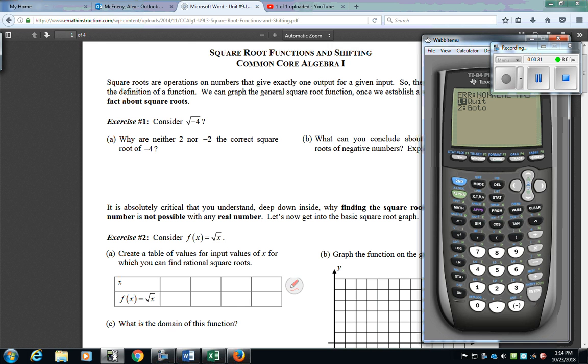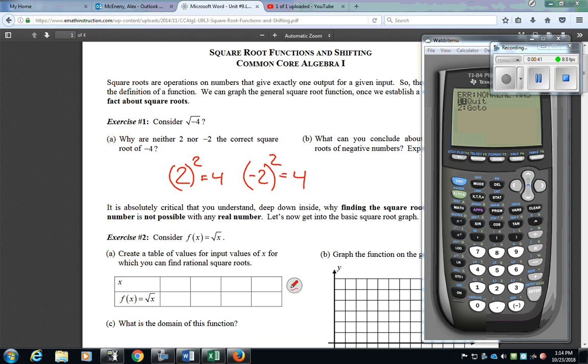That's the reason why this is true: if you square 2 and you square -2, the answers you get in each case are going to be +4. Because of the rules of multiplication, we have a negative times a negative and a positive times a positive for a square. That's the reason why we don't have a negative square root.